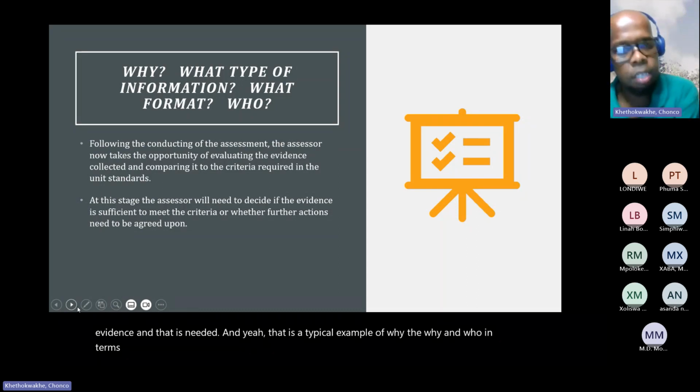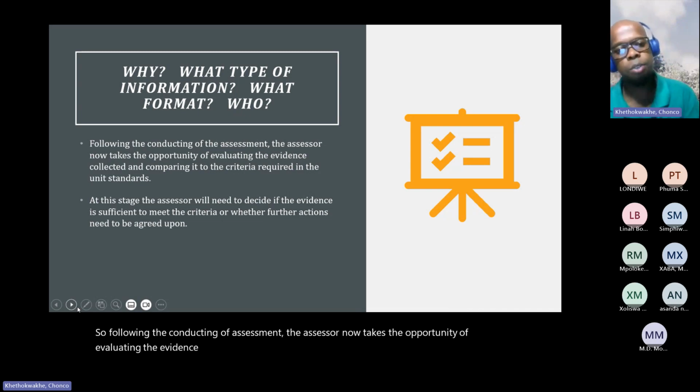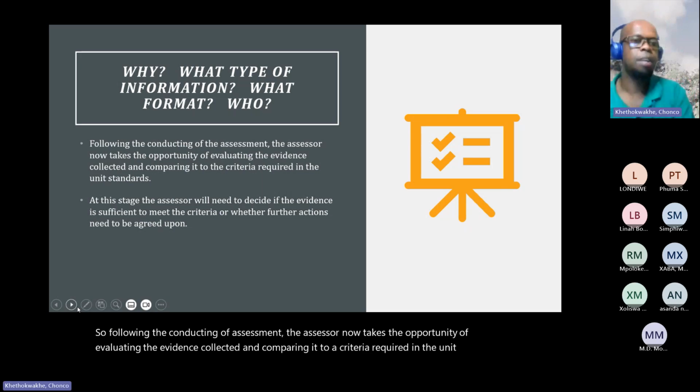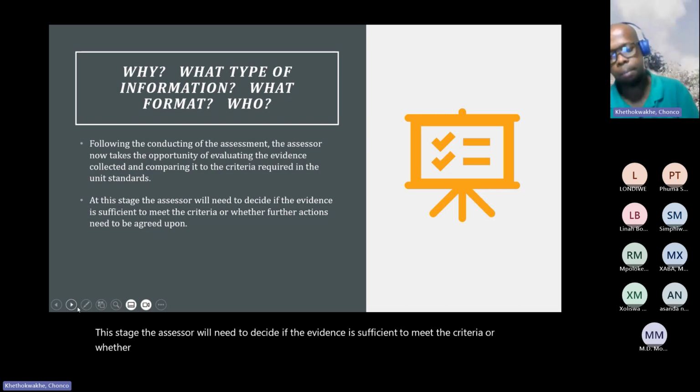So following the conducting of assessment, the assessor now takes the opportunity of evaluating the evidence collected and comparing it to the criteria required in the unit standard. At this stage, the assessor will need to decide if the evidence is sufficient to meet the criteria or whether further actions need to be agreed upon.